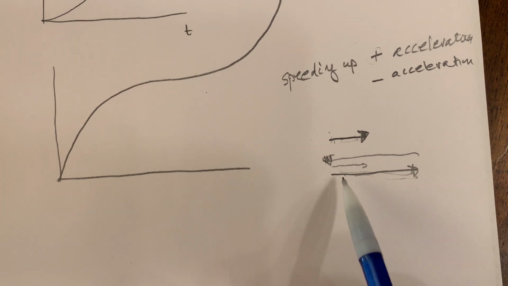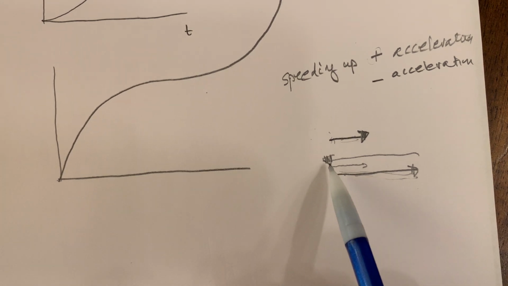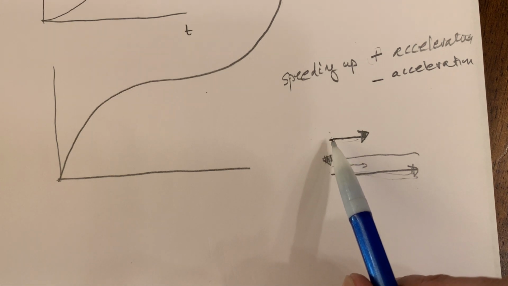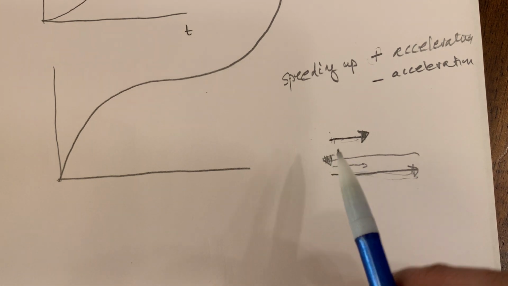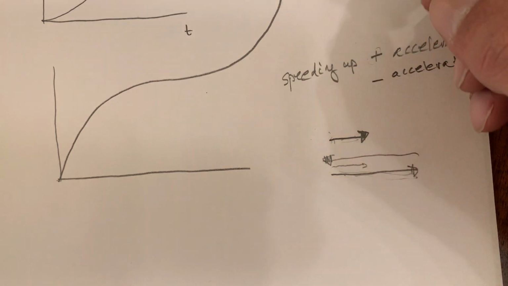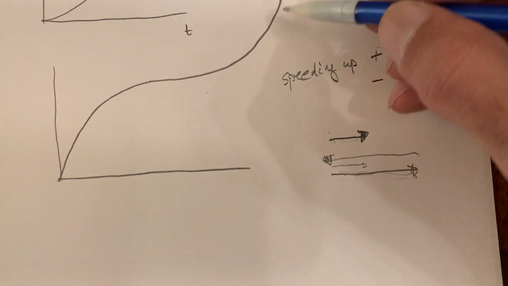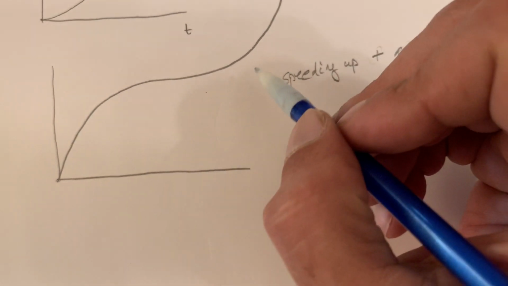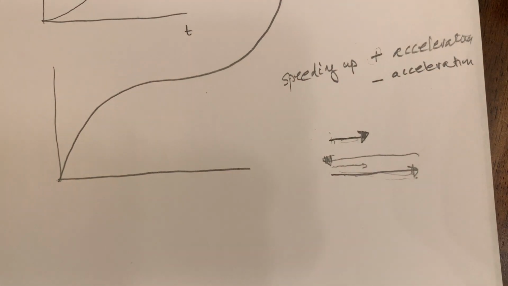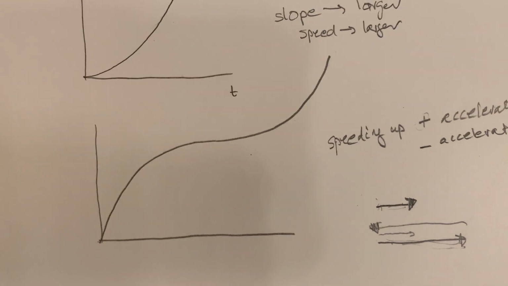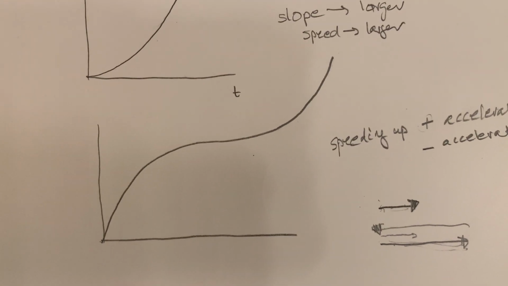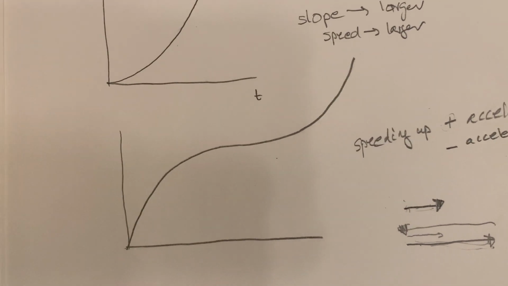But the key point here is that if you are speeding up, and since we're doing everything in the positive direction, I'm just going to use the positive, you're accelerating, and when your speed is going down, then the acceleration is negative. That means you're slowing down. Okay, that means your acceleration is facing in the opposite direction that you are moving.